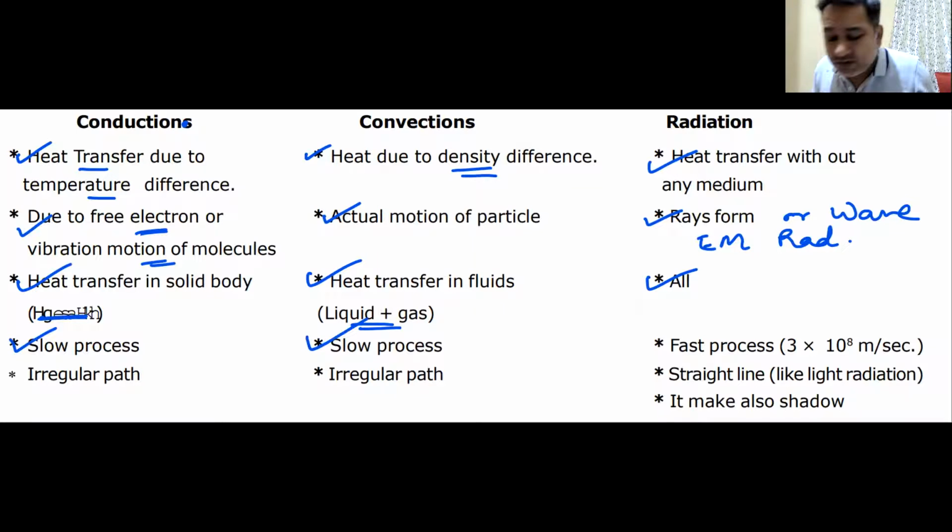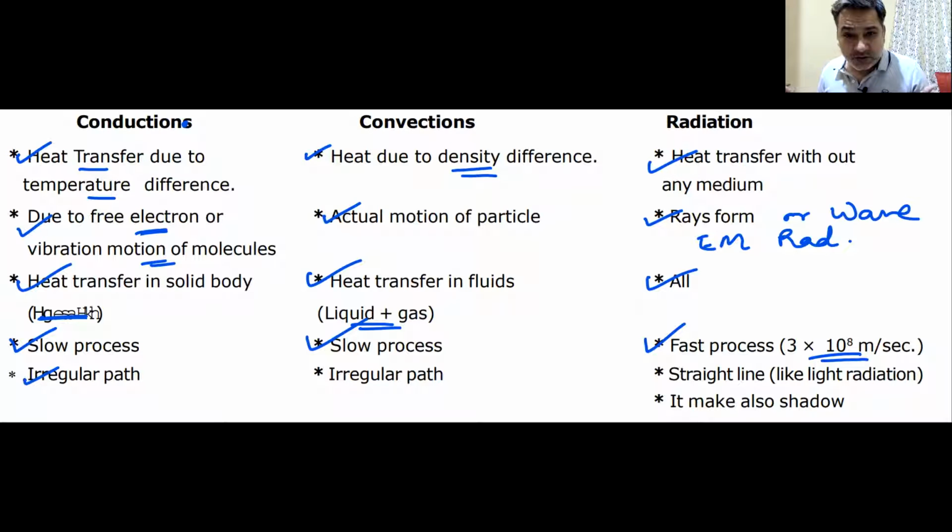As soon as you burn the fire and you put your hand on top, you will not feel the heat. It will take some time. But radiation is the fastest process because it is in the form of electromagnetic waves, or light, which travels at the speed of light, 3 into 10 raised to the power 8 meter per second. So this is almost instantaneous.